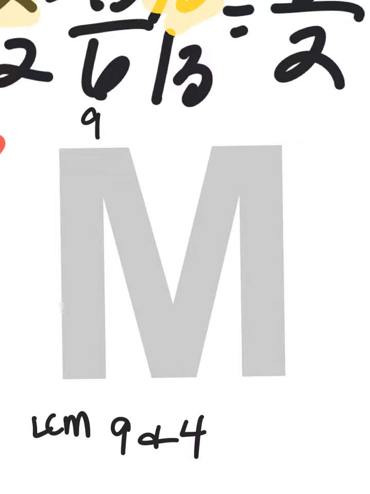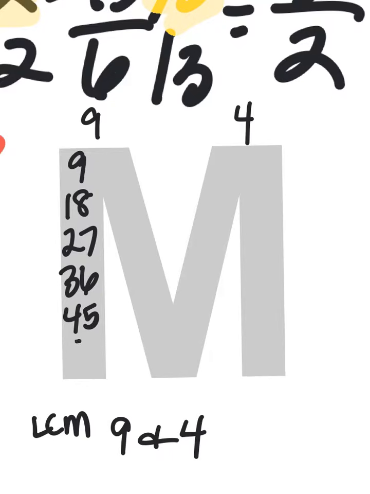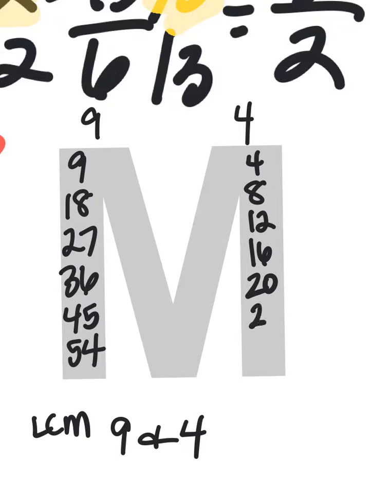So over here we're going to put our multiples of 9, and over here we're going to put our multiples of 4. So let's just count by 9s, okay? 45 and 54. Let's just stop there. Now let's count by 4. So we've got 4, 8, 12, 16, 20, 24, 28, 32, 36.